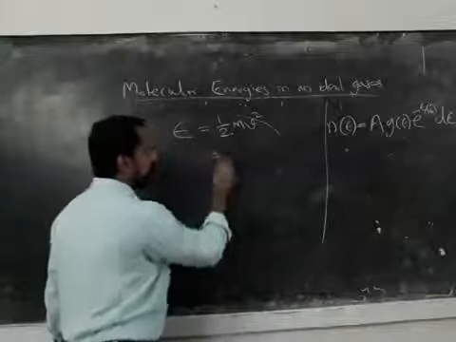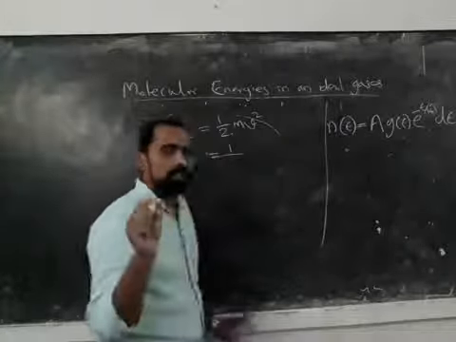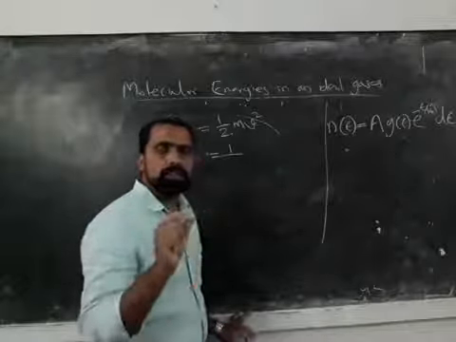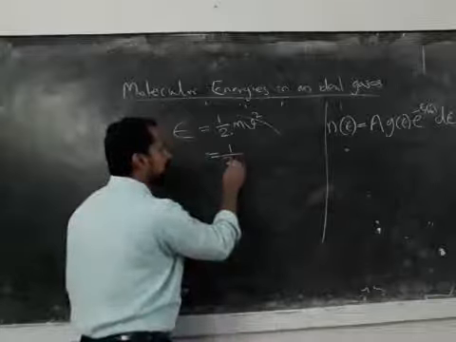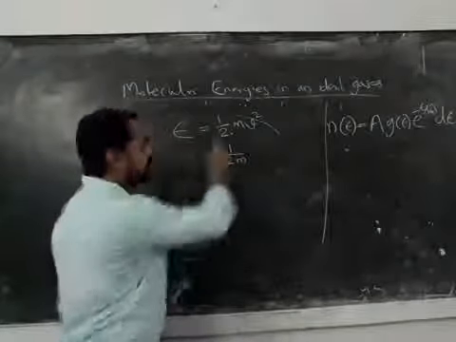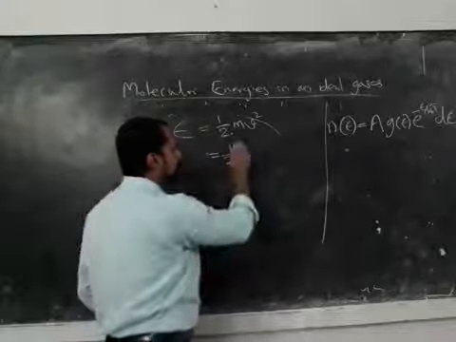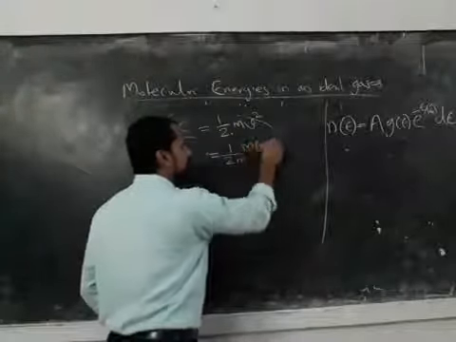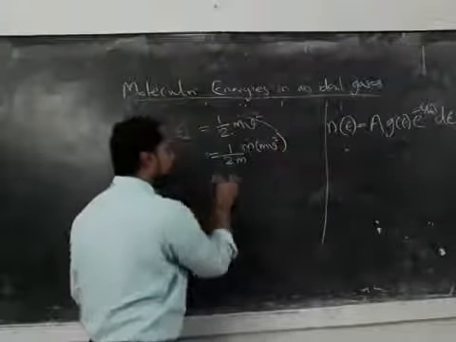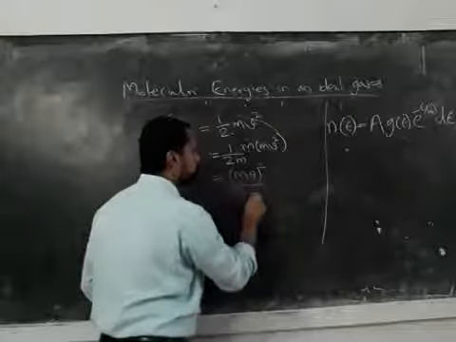Or you can write it by dividing and multiplying with the mass, so it is mv all square by 2m.